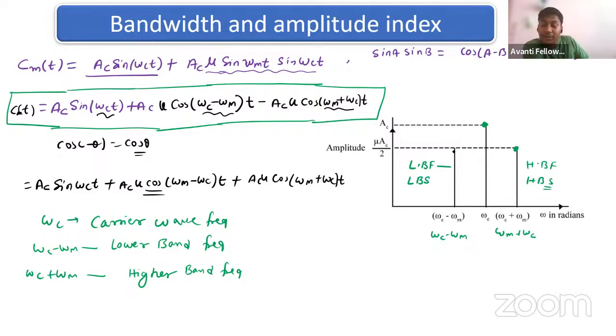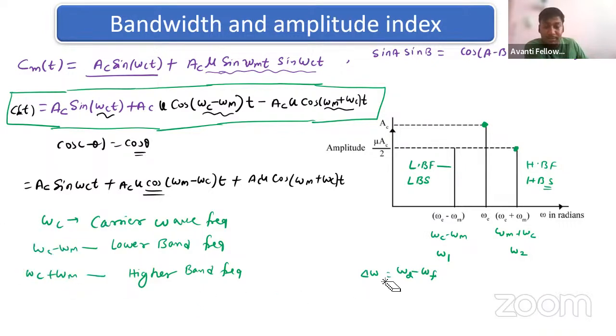Now you can see here the bandwidth will be, I can write this is omega 2 and this is omega 1. Then the bandwidth will be omega 2 minus omega 1.